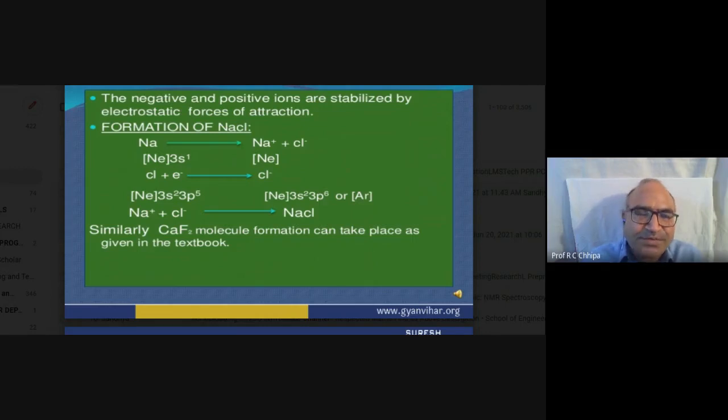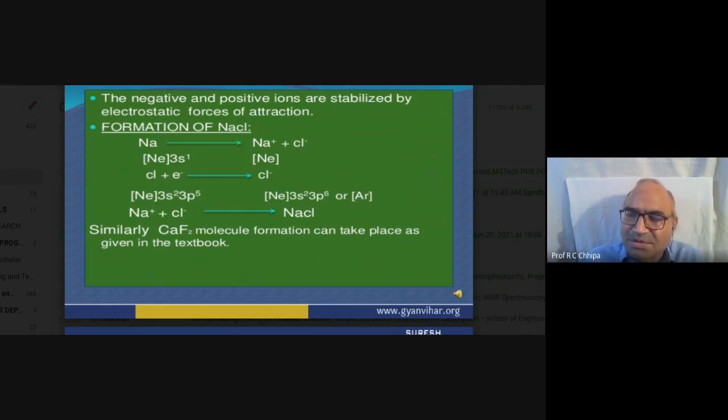So the formation of sodium chloride, NaCl, is one example of an ionic compound. Ionic compounds, ionic bonding, are also called electrovalent. So the electron is completely transferred from the sodium.